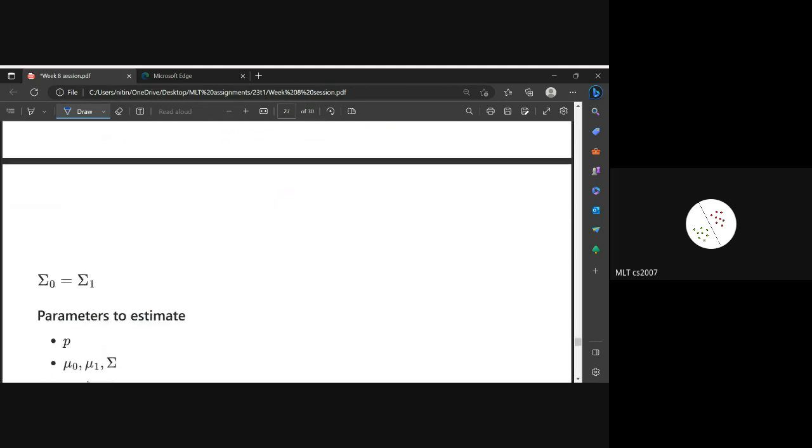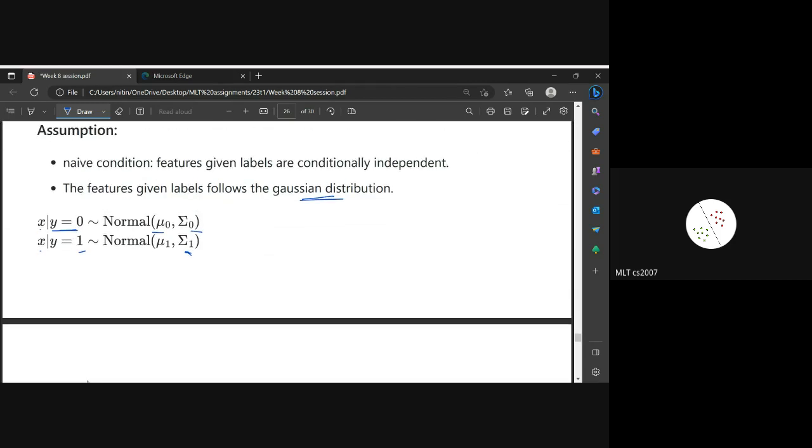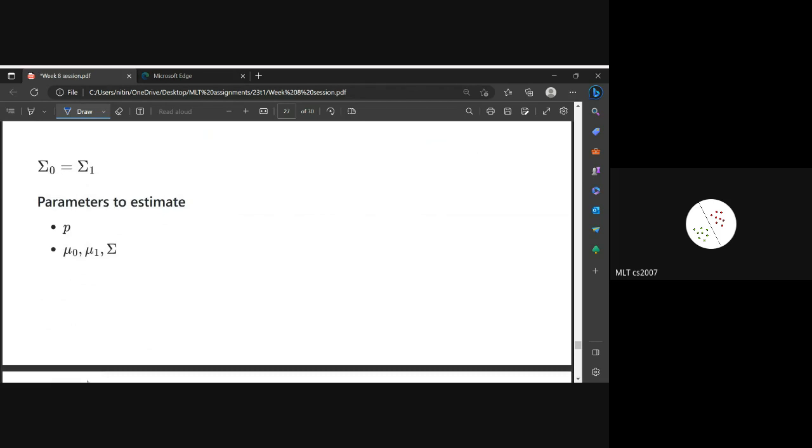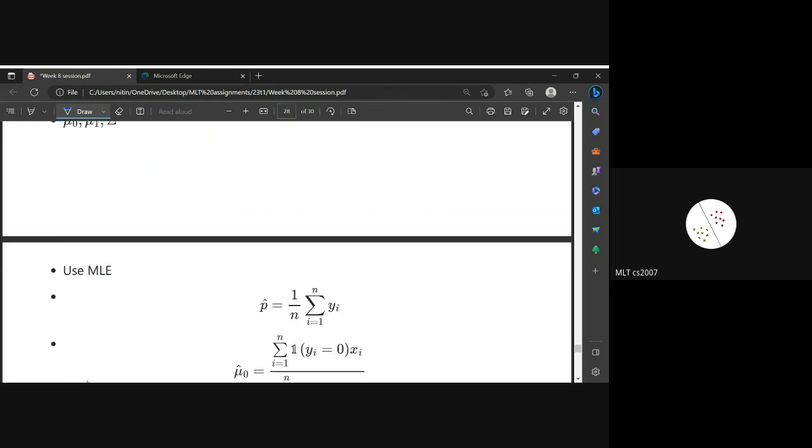Now we estimate these parameters by applying MLE. So p hat, the probability of y equal to 1, is just the count of those data points which take value 1, as a proportion of the total data points.